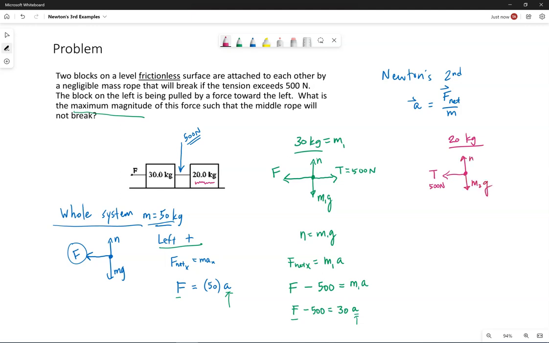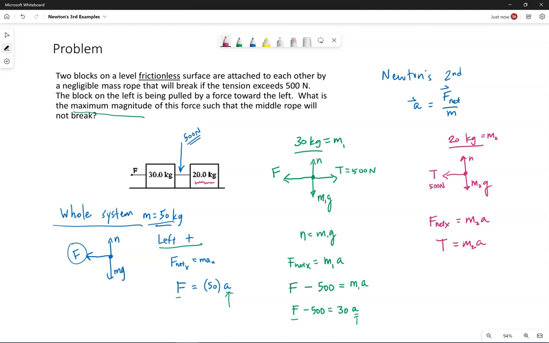In the y direction, it of course has the normal force and the force of gravity. But I don't write the force F, this pulling force, on the 20 kilogram box because it is not directly acting on this box. So when we look at the net force in the x direction on this box, I'm going to call this m2, all we have is the tension to the left.